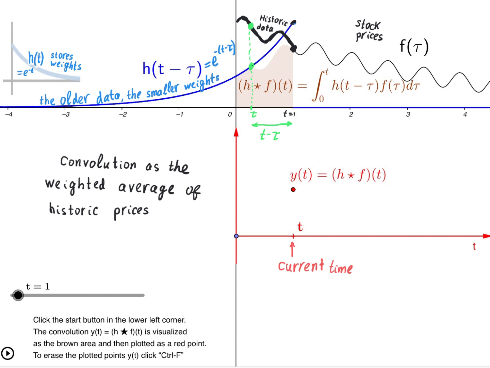And by the way, the notation for such a convolution integral is that people usually write h, the weight function, in our case e to minus t, then a star, then f, the function that represents prices. So h star f is the convolution of h and f, and all this applied to the current moment t.